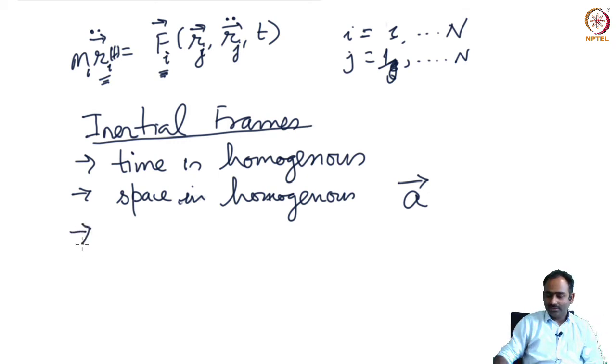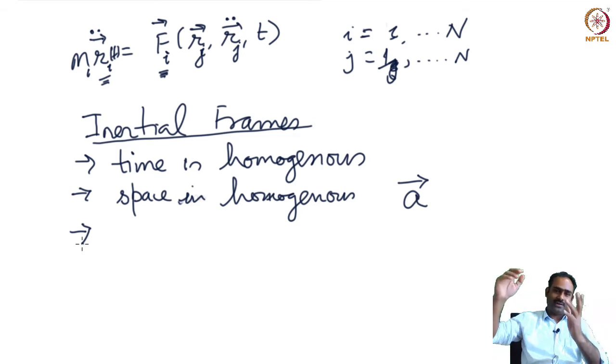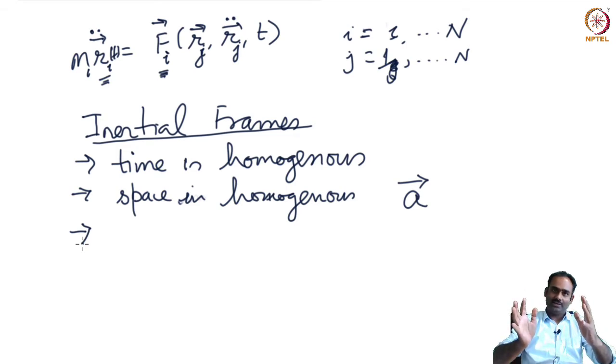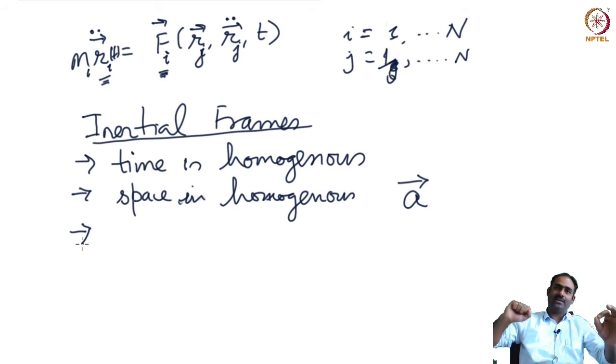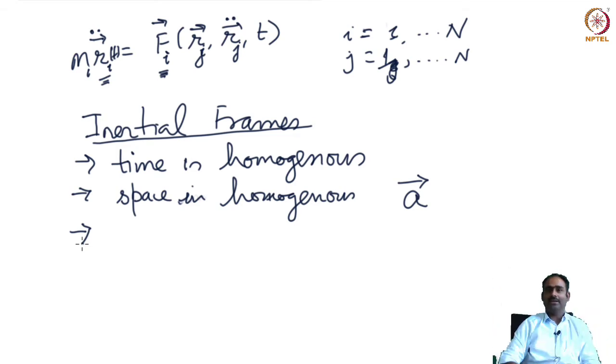There's still one more thing which you know: if you take your experimental setup, and now I'm not putting it somewhere else, I'm not taking it to a different place. All I want to do is take this experimental setup and reorient it. So instead of something going from here to there, something being measured here, there being forces, you take the entire setup and rotate it this way, or this way, or whichever way you like.